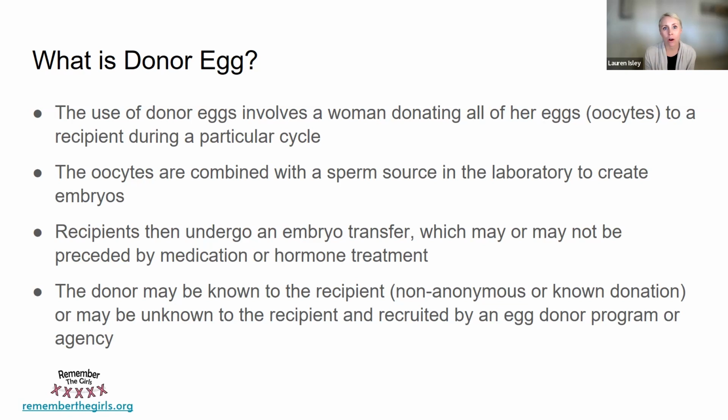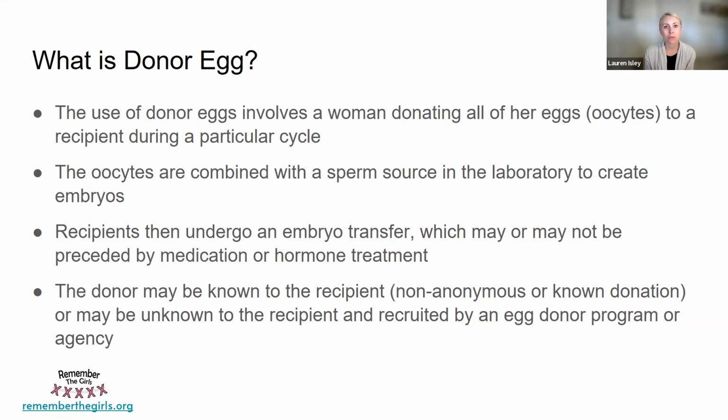The donated oocytes or eggs are then combined with a sperm source in the laboratory to create embryos. The recipient, or the patient that is going to be carrying that pregnancy, would then undergo an embryo transfer, and that may or may not be preceded with medication or hormone treatment to get that patient ready to receive that embryo.